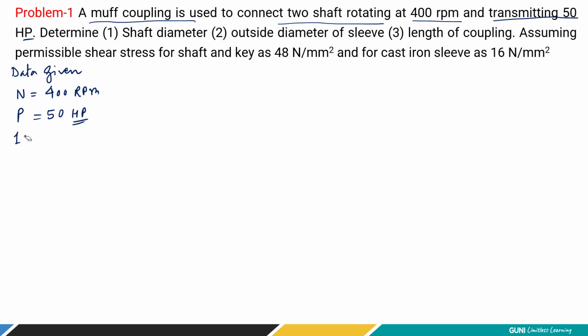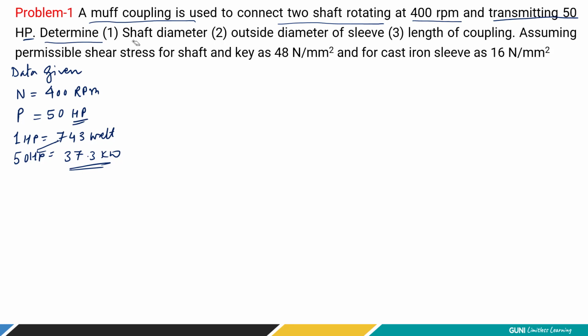Now, 1 horsepower is equal to 746 watt, so we can convert 50 horsepower by multiplying by these two values, which is equal to 37.3 kilowatt. This is the value of power being transmitted from the shaft to the key and from the key to the muff coupling.